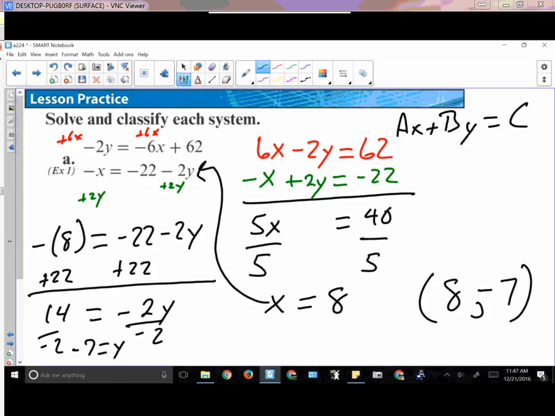Okay, when we're moving things around up here, I want to have things in this form. Ax plus by is equal to c. That's what I want to see. That's the order I need it in. So, the c is like the 62. That's just a plain old number. The x, is it on the wrong side of the equal sign?